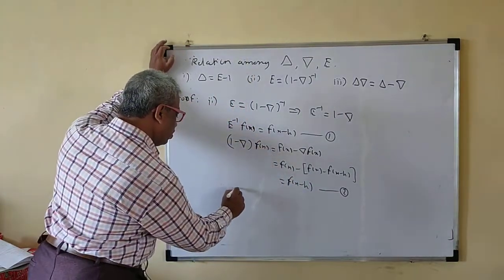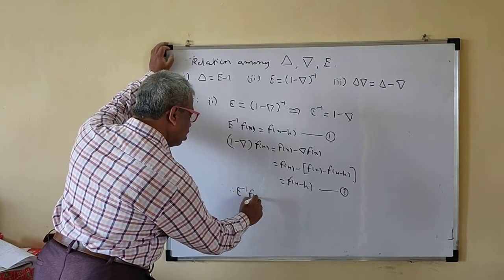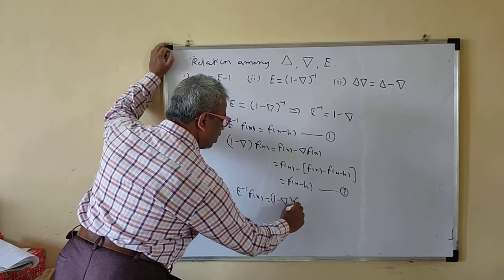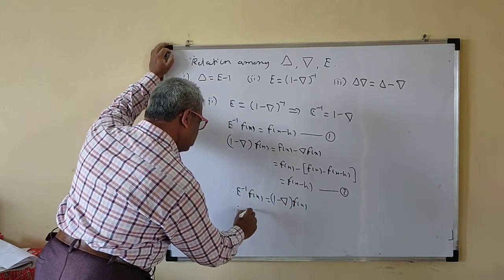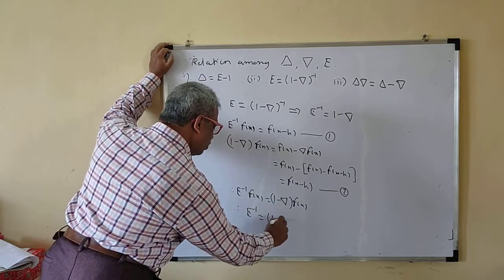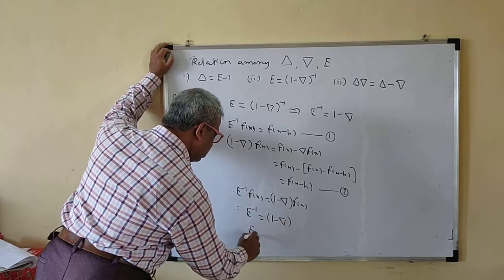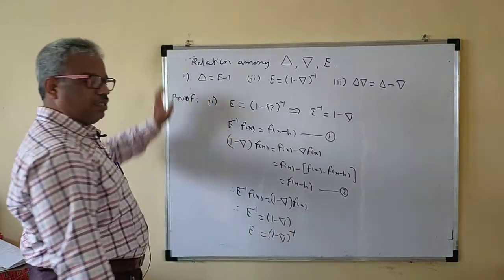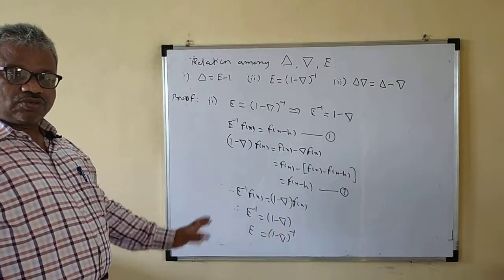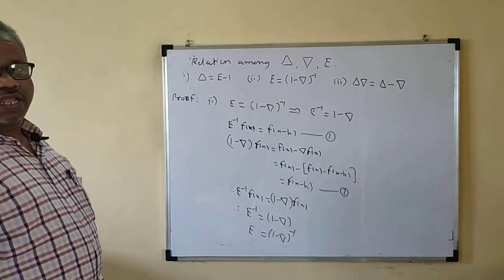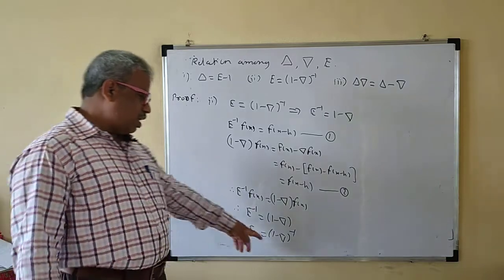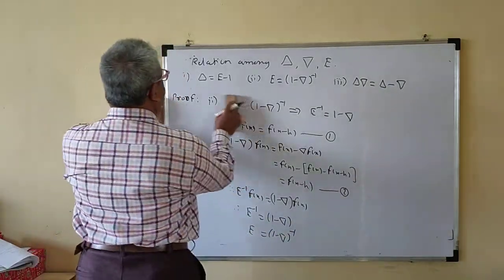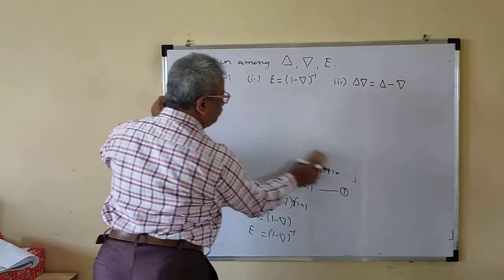So therefore E raised to minus 1 f of x is equal to 1 minus nabla f of x. So therefore E raised to minus 1 is equal to 1 minus nabla, and this is the same as E is equal to 1 minus nabla raised to minus 1. We take the power minus 1 on both sides, because the product of minus 1 and minus 1 is 1. Okay, so both are equivalent. Now we will do the third one.